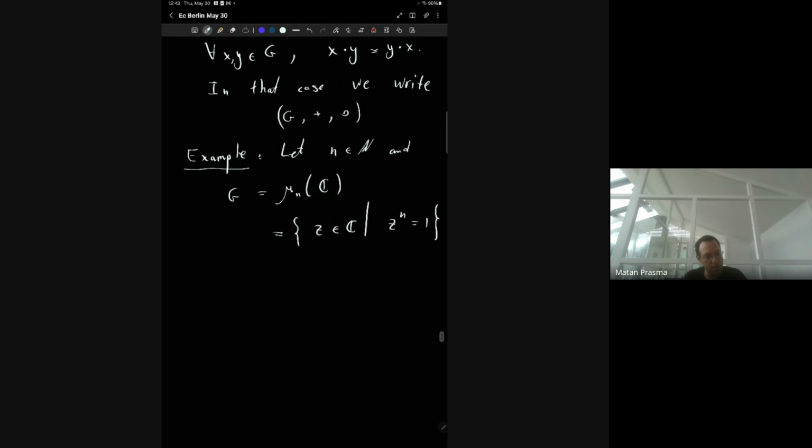And we saw that this set comes naturally with a group structure where you take the binary operation to be multiplication of complex numbers, and the unit element is the complex number 1, which is 1 plus 0i.